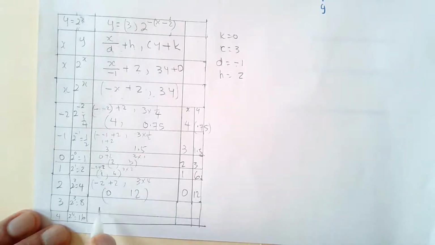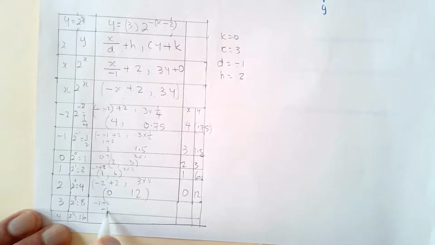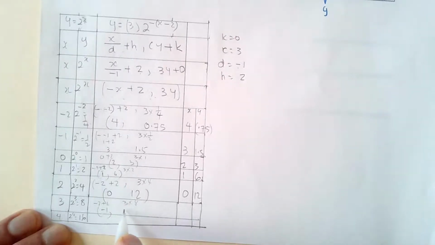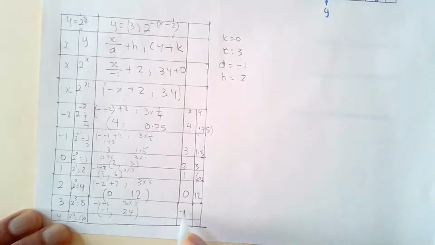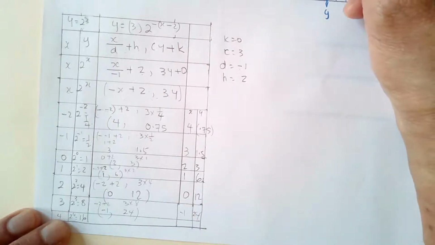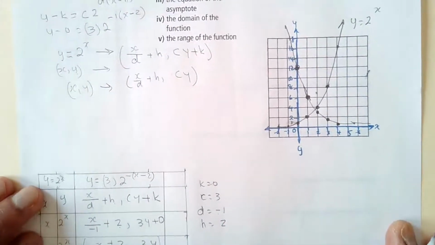If we continue, we have -3 plus 2 is -1. And we have 3 times 8, which is 24. -1, 24. So -1, oh, way up here. So my graph is, sketch this graph.